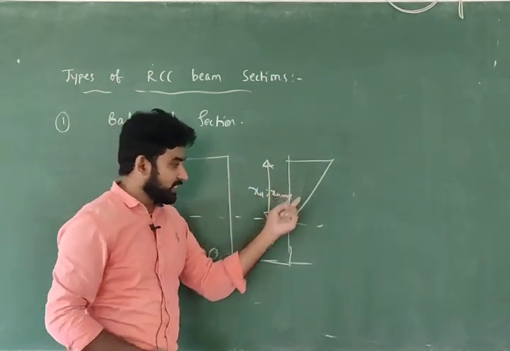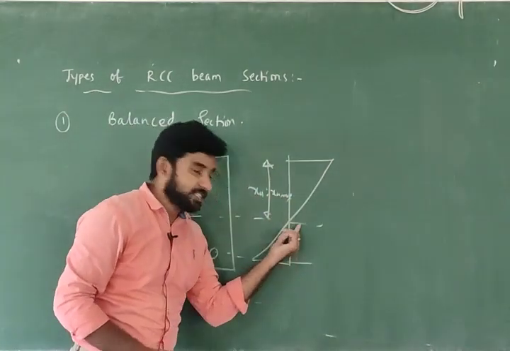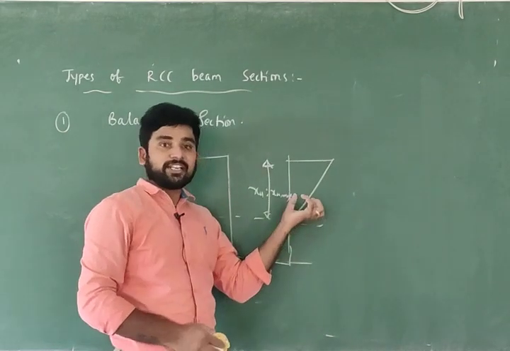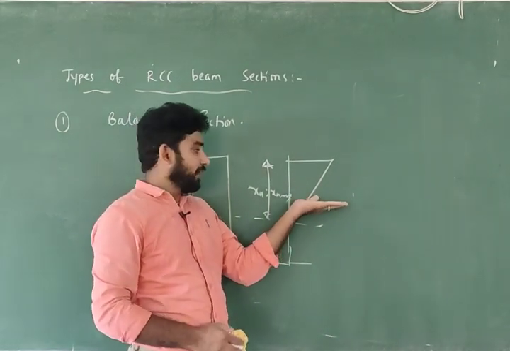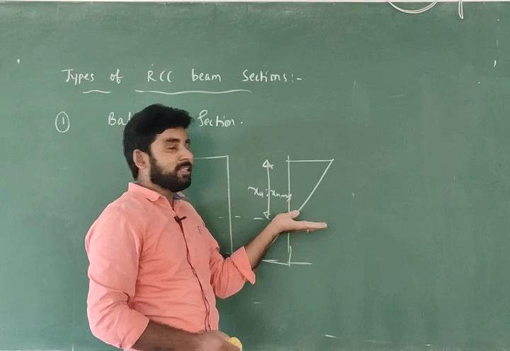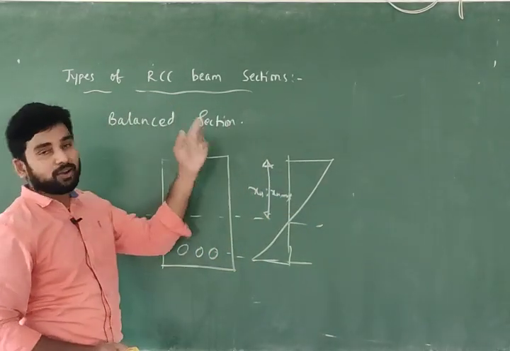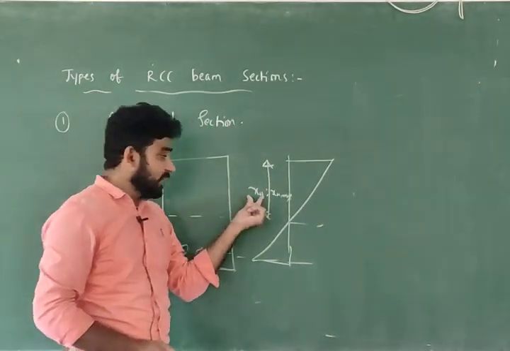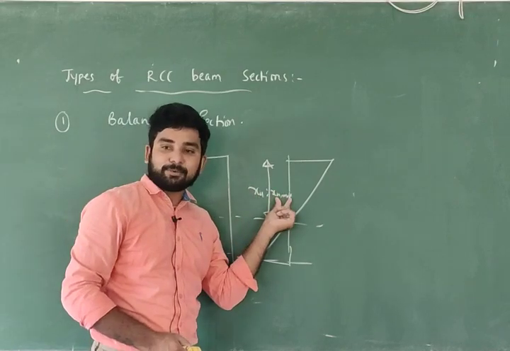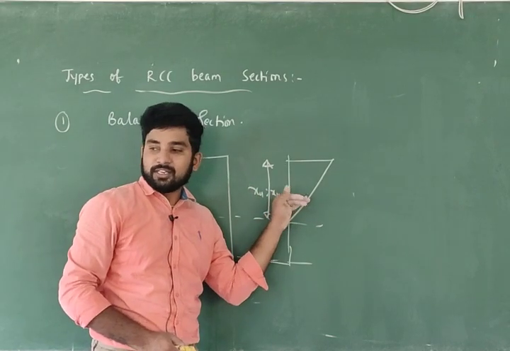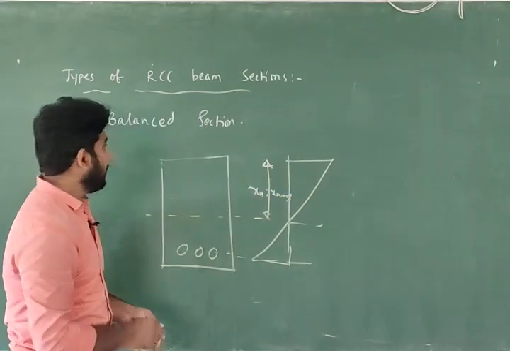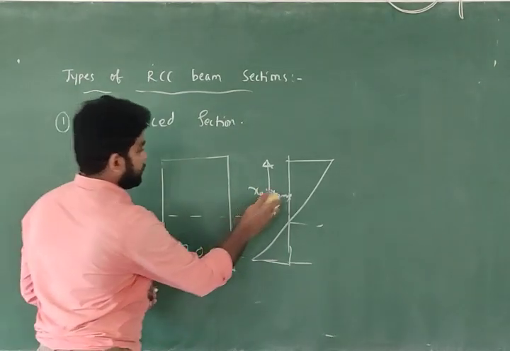When the stress developed in concrete and steel both reach their maximum permissible value at the same time, then that type of section is called a balanced section. In this case, your neutral axis depth and maximum depth of neutral axis are both the same. Okay.